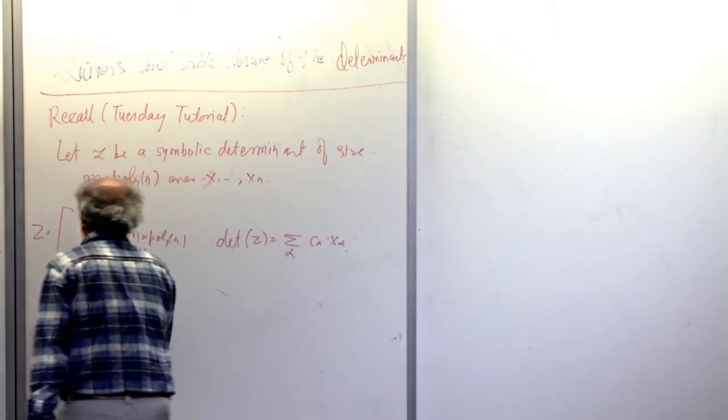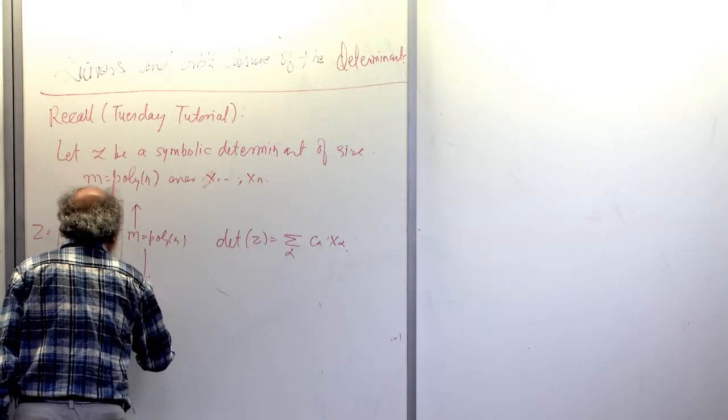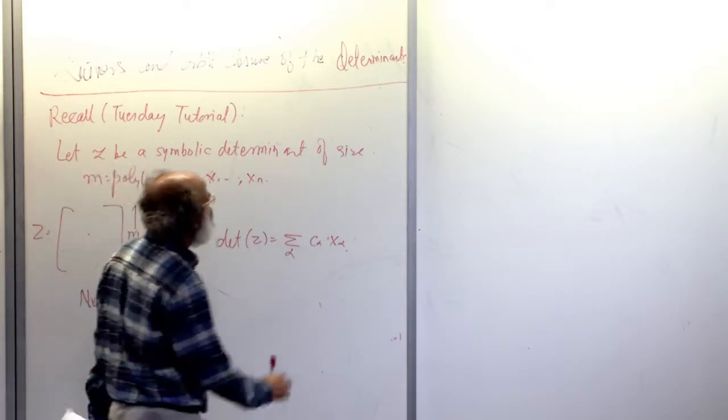And then you define the Newton polytope of Z. X alpha means just monomials.